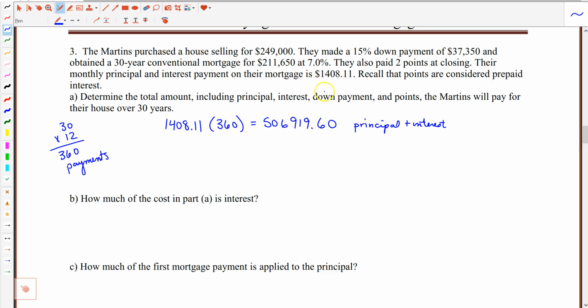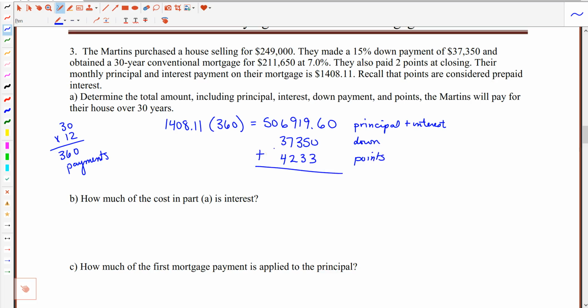Now, in addition to that, they also had a down payment of $37,350. And they paid 2 points at closing. Now you go back to example 1 to recall that dollar amount, but when they paid these 2 points at closing, they paid $4,233.